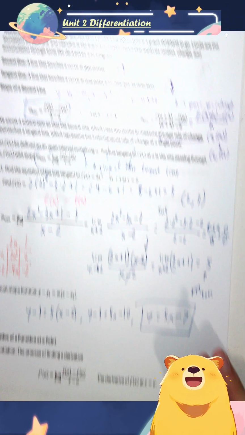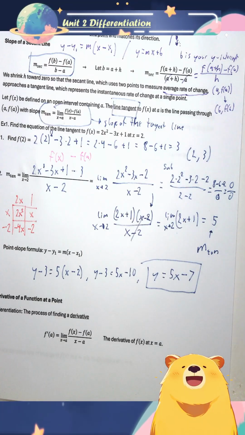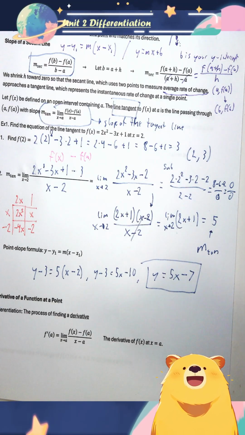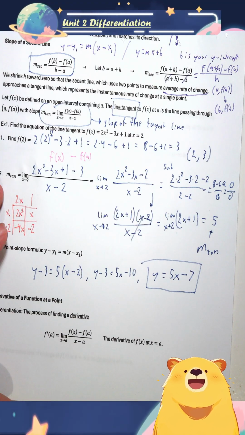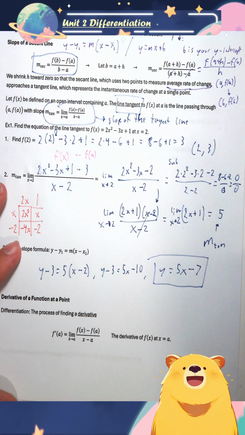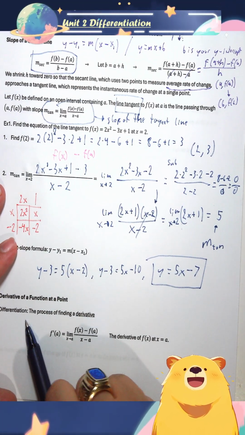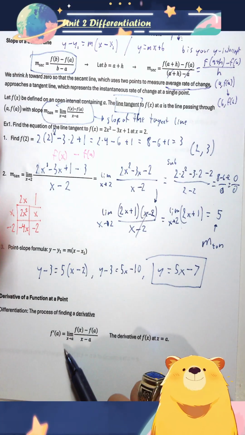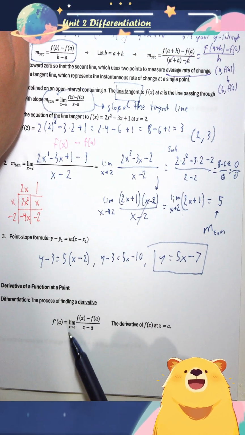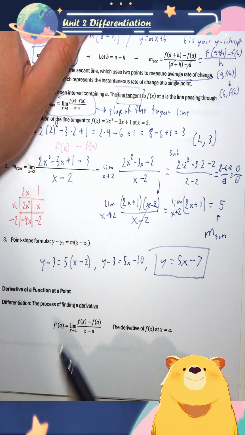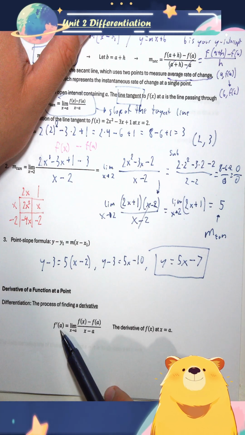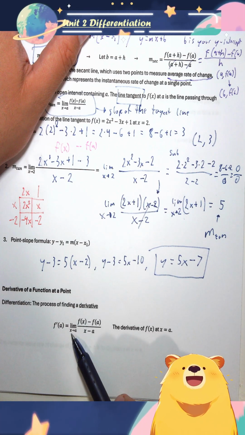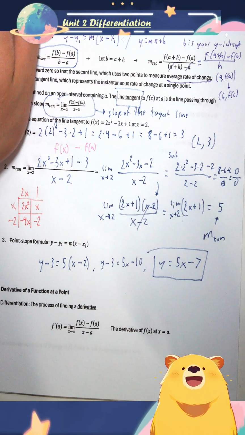Okay, so we're going to call this idea of finding that tangent slope the derivative of a function at a point. We call this process differentiation, and it's the process of finding a derivative, using that exact same notation: f prime of a is equal to the limit as x goes to a of that setup.